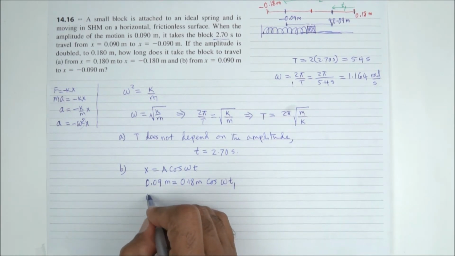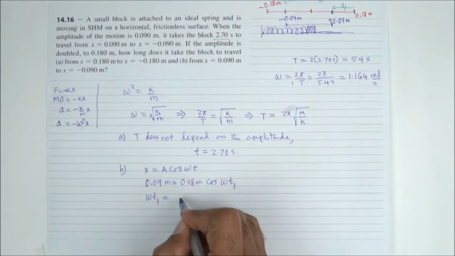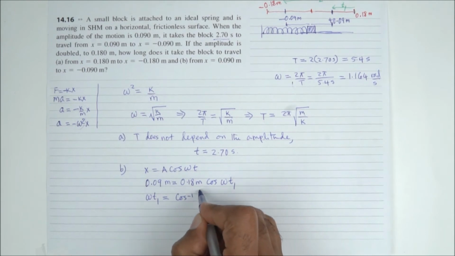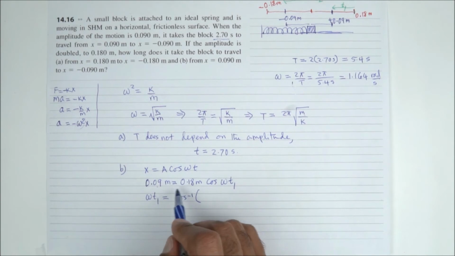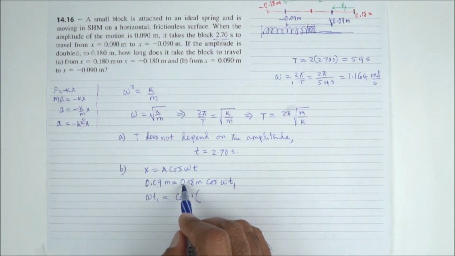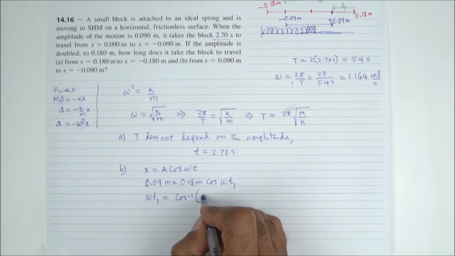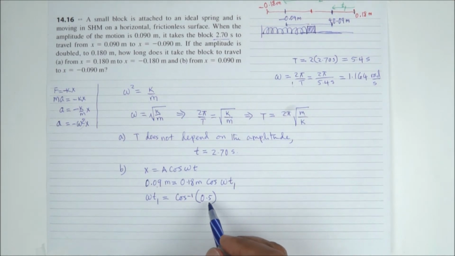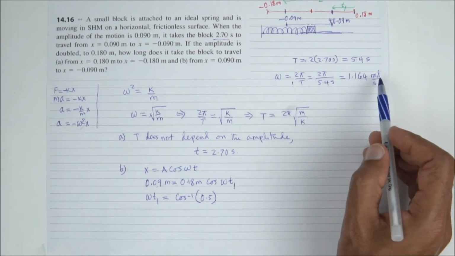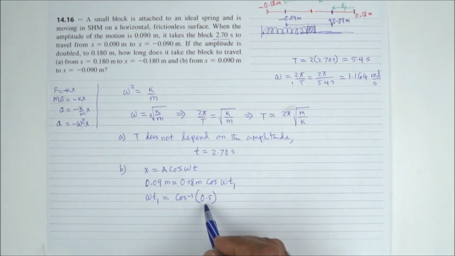So omega T1 equals cosine inverse of 0.09 divided by 0.18, which gives you 0.5. That's cosine inverse 0.5. Use a calculator, and make sure that you set it to radians, because everything we are doing here is in radians. Don't use degrees, otherwise you'll get an incorrect answer.